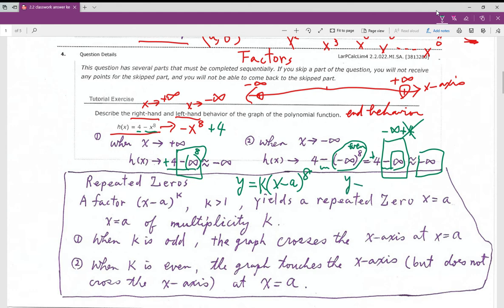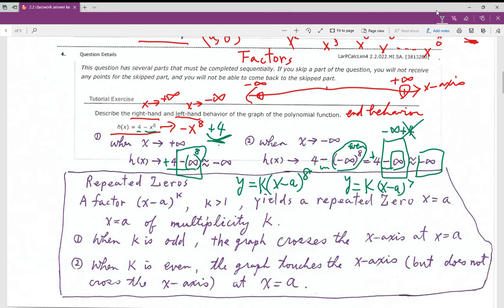Or you have y equals k times (x minus a) to the 7th degree. Then it's different from when you plus some number outside. If you multiply by some coefficient outside, it's a bit different from plus 4.